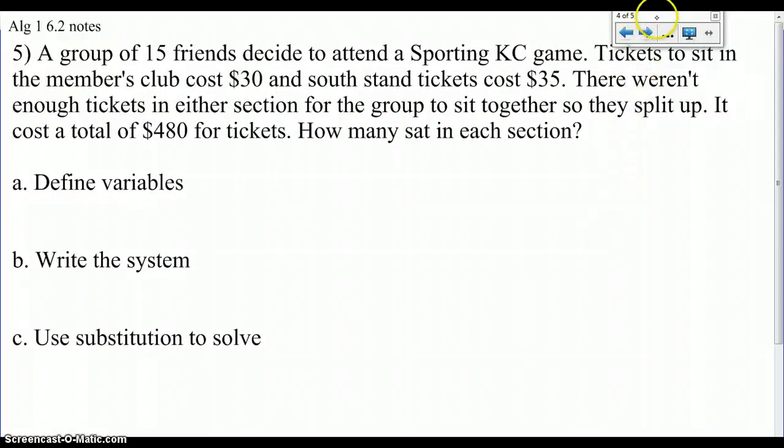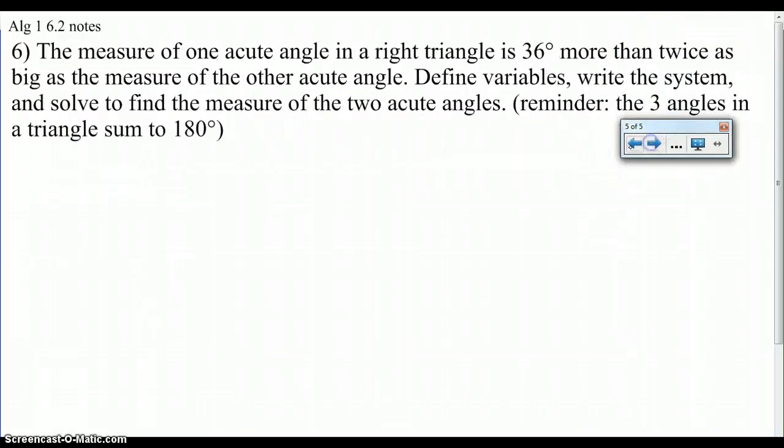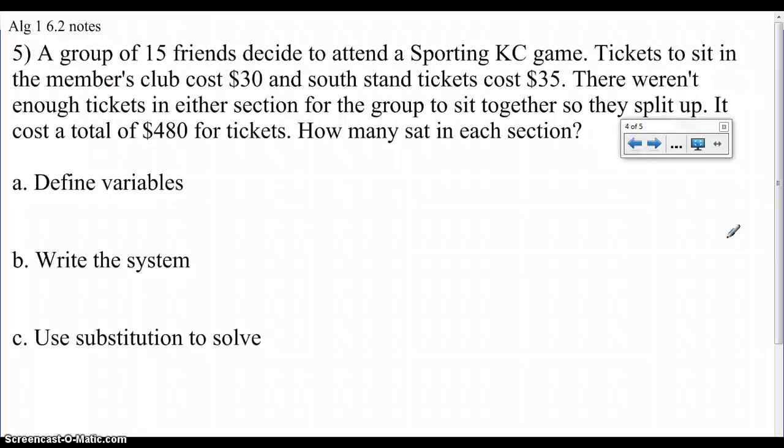All right, let's take a look at the last, is this the last? Excuse me, the second to last problem. A group of 15 friends decide to attend a Sporting KC game. Good choice. Tickets in the members stand are $30, and the South stand they're $35. There weren't enough tickets in either section for the group to get to sit together, so they split up, and they spent $480. How many sat in each section?